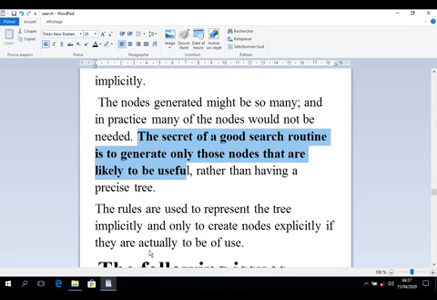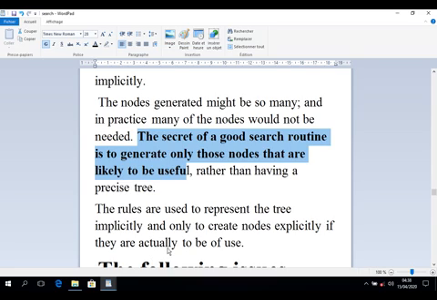The nodes generated might be so many, and in practice, many of the nodes will not be needed. The secret here is to generate only the nodes that are likely to be useful. Is it okay? So that is the secret.